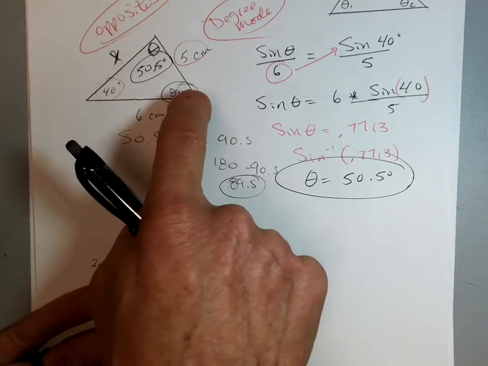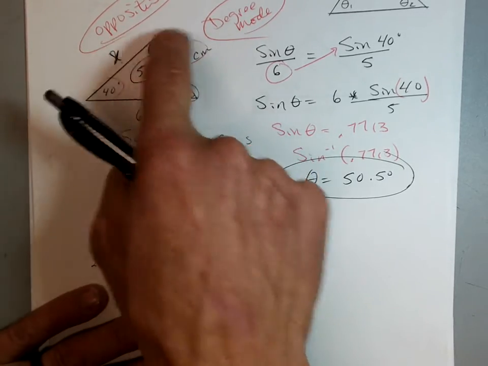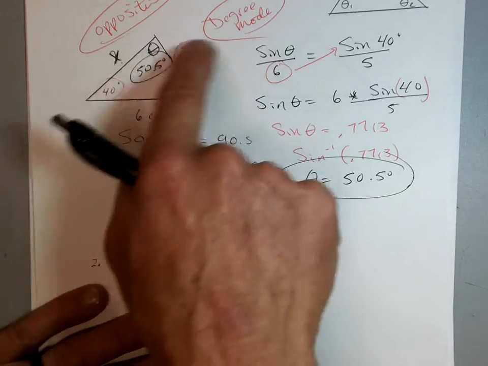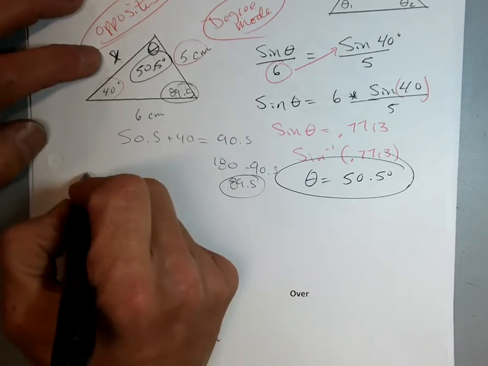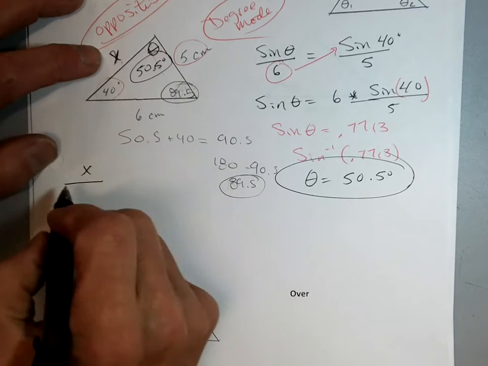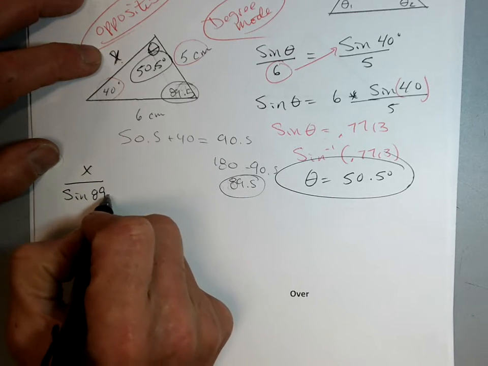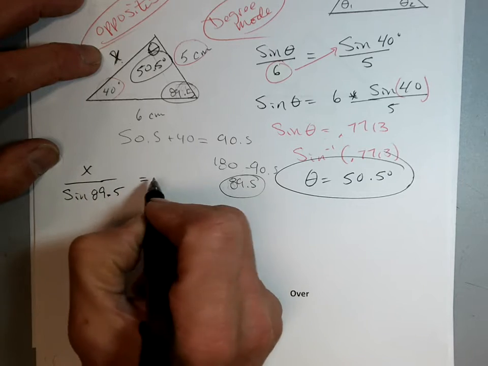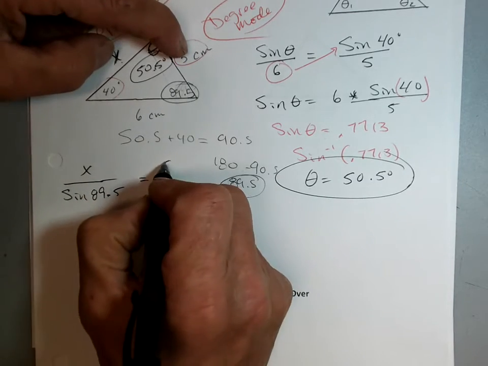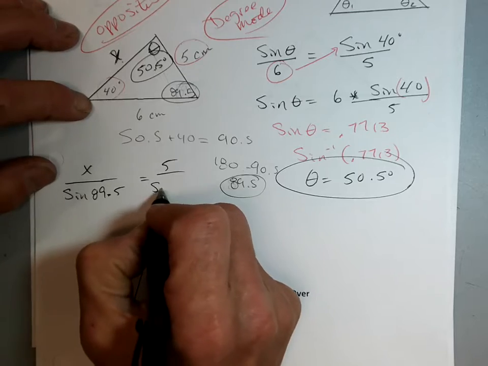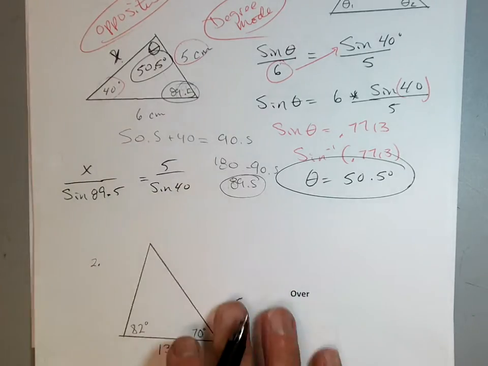I like the 5 and the 40 because those are better numbers. So opposite side x over the sine of 89.5 equals 5 over the sine of 40.